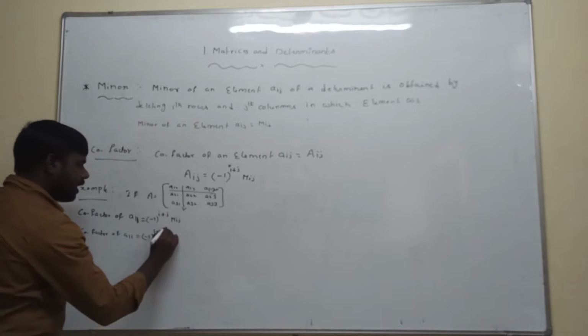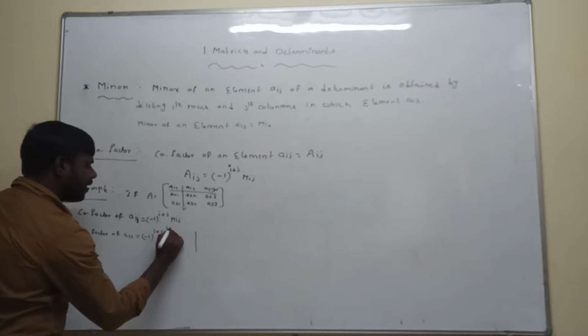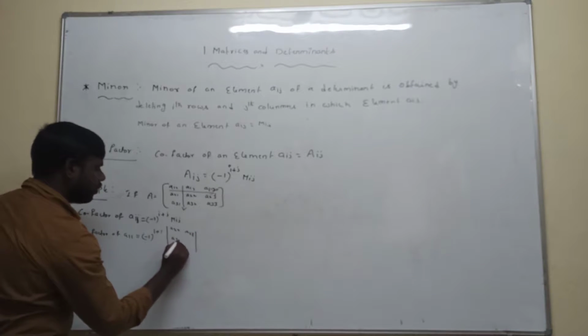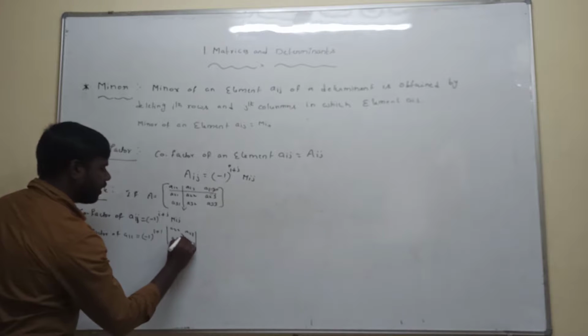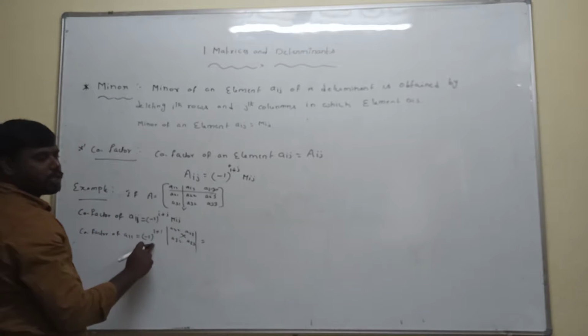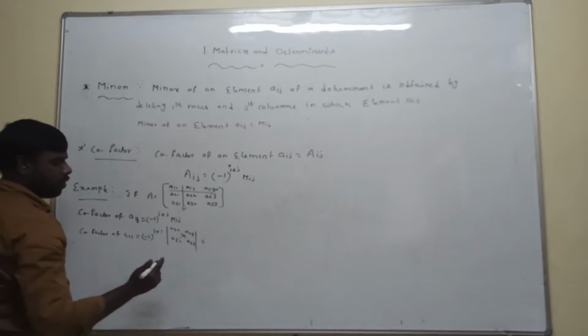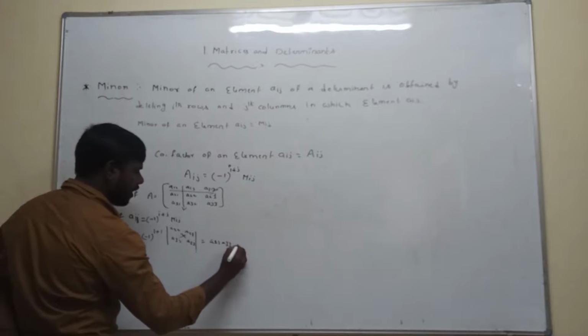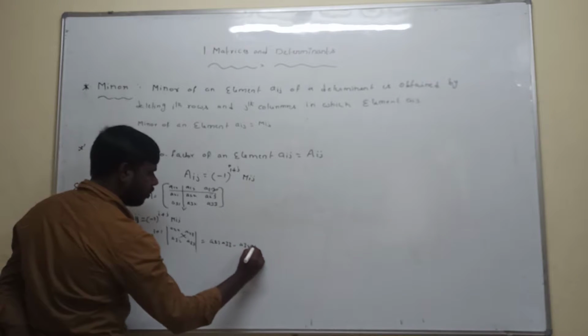So write as determinant of the left of the element: A22, A23, A32, A33. After that, applying the cross multiplication method. 1 plus 1 is 2, and -1 to the power of any even number gives positive only. So we get the product A22 into A33 minus A32 into A23.